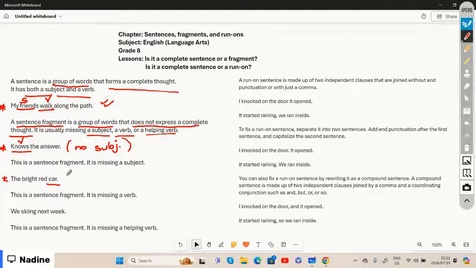Over here, it's not telling us what the car is doing. We don't know what the car is doing, which means that there is no verb. So it's missing a verb. And remember, we said that in order for us to show a complete sentence, it needs to have both a subject as well as a verb.